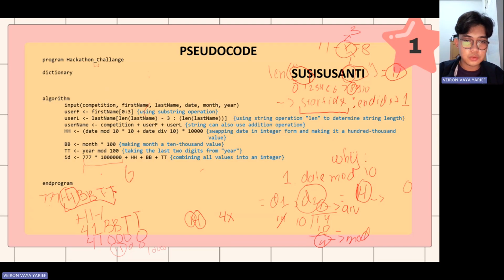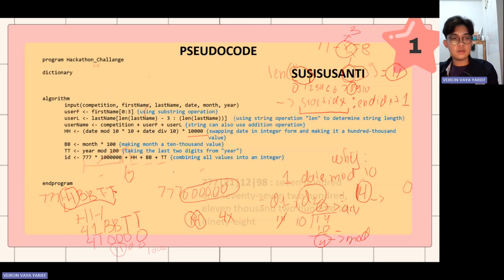We just want to see it as 777000000. How many do we need to times it? This is 1 million. HH, because we already times it here, we didn't need to times it here. HH plus BB plus TT.